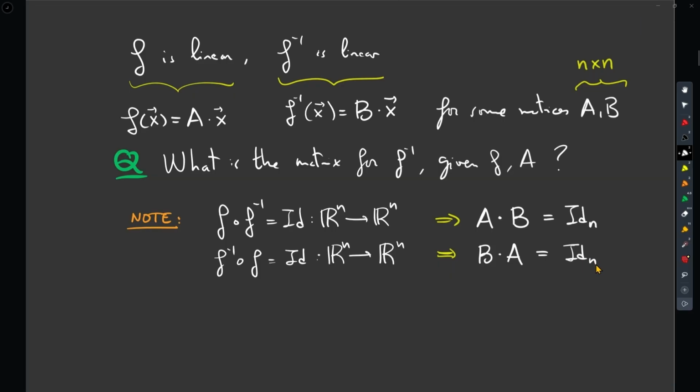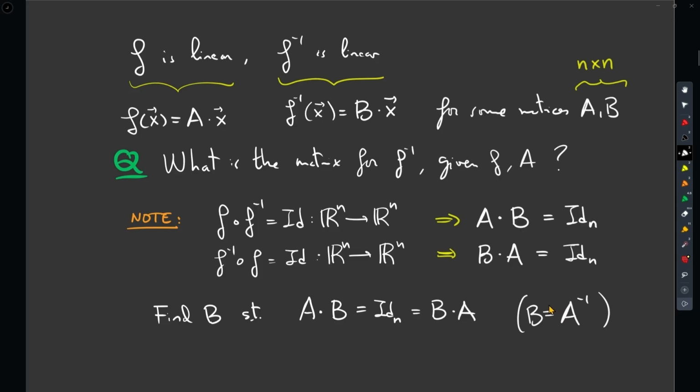So I want to find B such that A times B is equal to the identity and is equal to B times A. So how do I find that matrix B, which we're going to call the inverse of A?